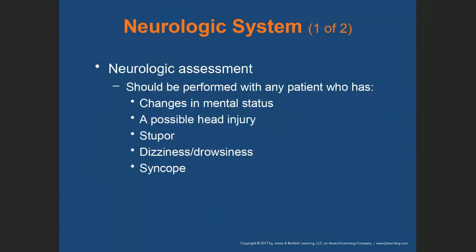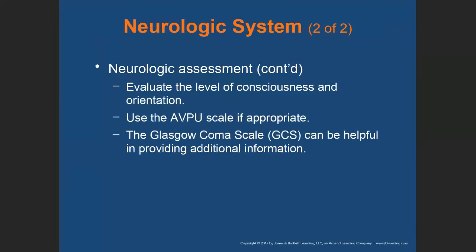Right, now the neurologic assessment should be performed with any patient who has changes in mental status, possible head injury, stupor, dizziness, drowsiness, syncope, or fainting. You will evaluate the patient's level of consciousness using the AVPU scale. At this stage, you will definitely be doing a Glasgow Coma Scale, which looks at eye opening, verbal response, and motor response.